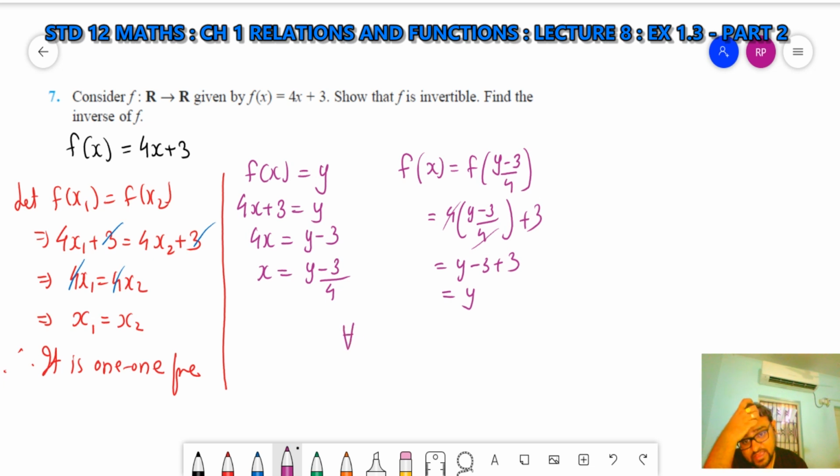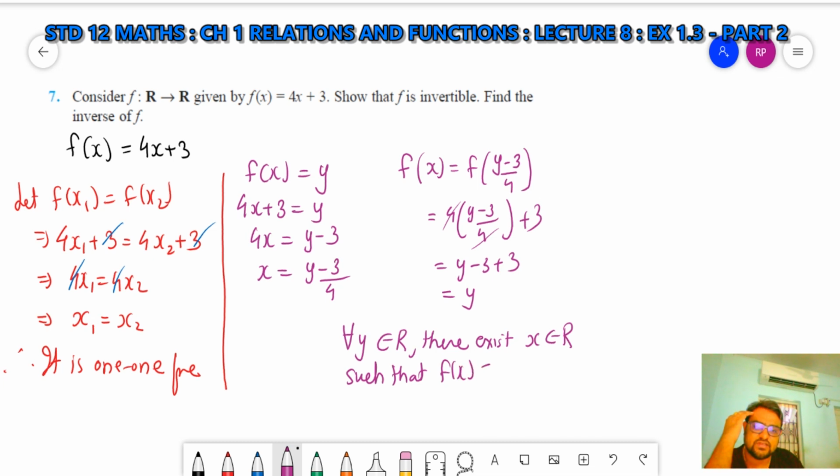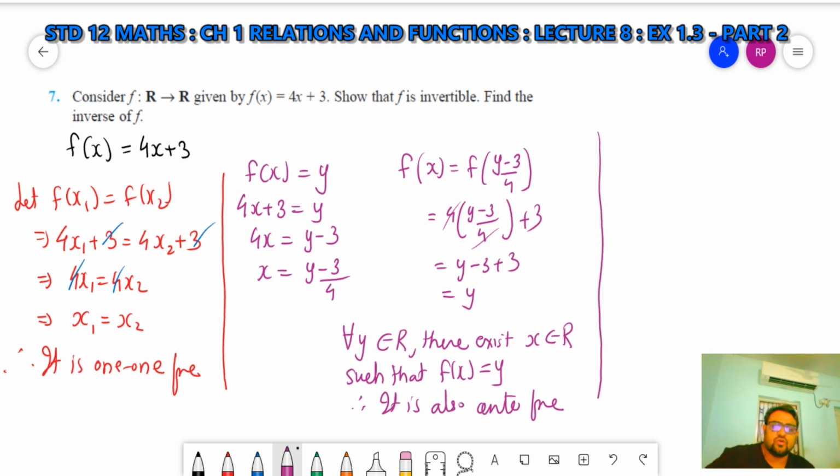So for every y belonging to the codomain, there exists some x belonging to the domain such that f(x) is equal to y. Therefore, it is also an onto function. Now you can see it is a one-one function and also an onto function.